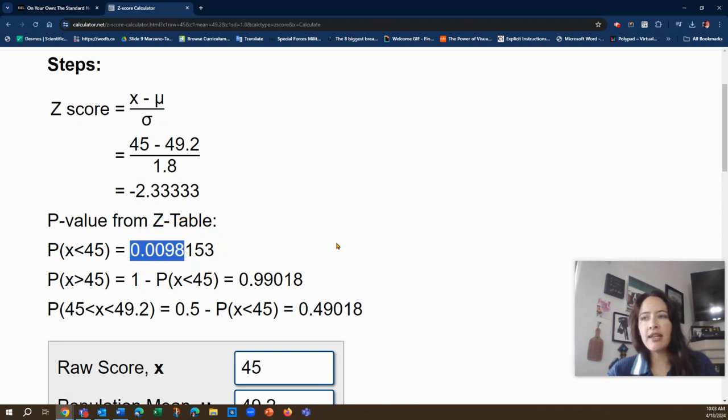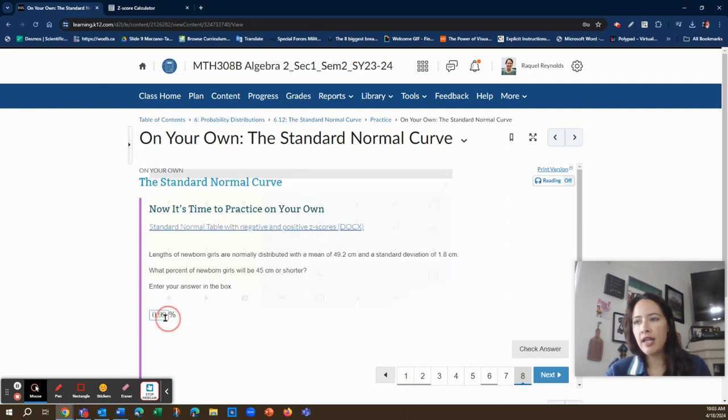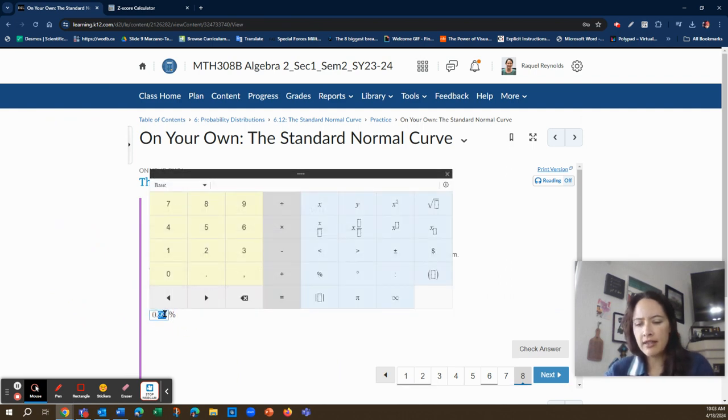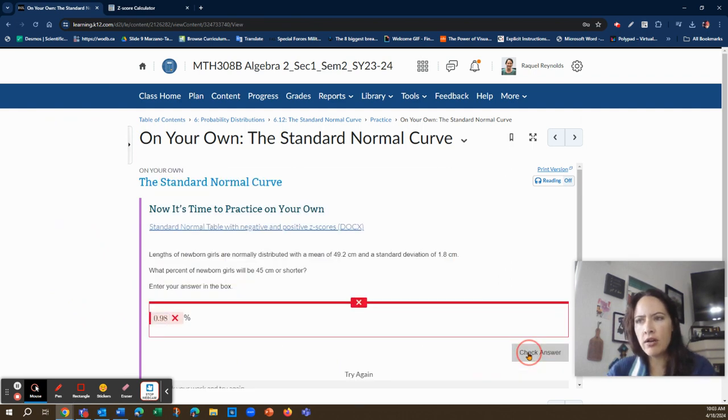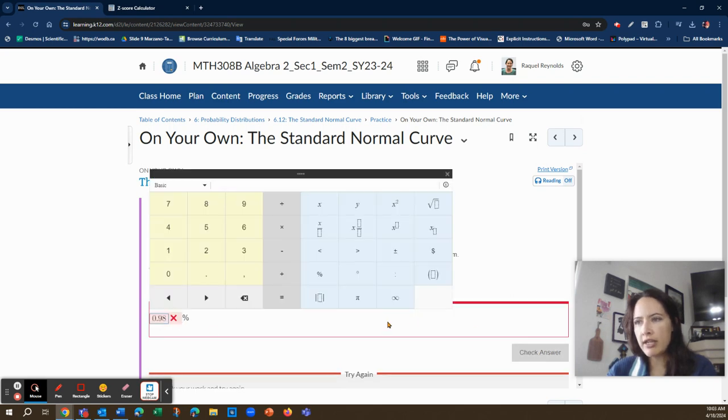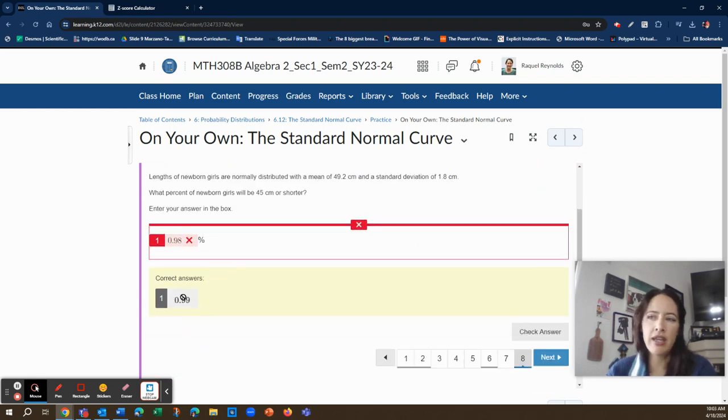Notice it's 9.8. This table is a little bit more precise than our table of values, so you would get the wrong answer if we came back over here and wrote 9.8. Check. Oh, it's wrong. And then it tells you, okay, you were very close.